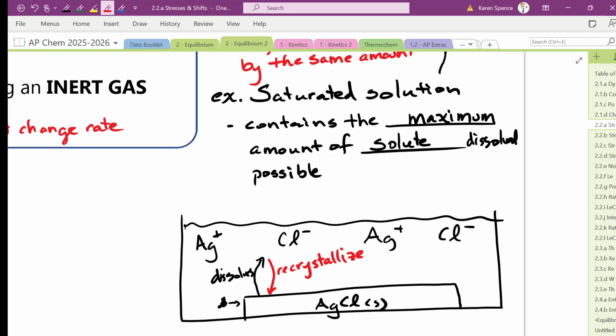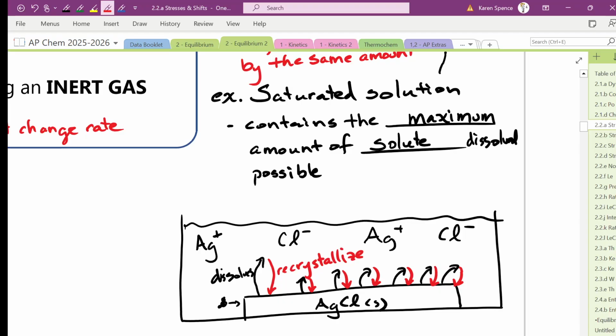So if you have a large surface, you have lots of places from which the dissolving process can happen, but it also gives you a large surface upon which dissolved particles can recrystallize.